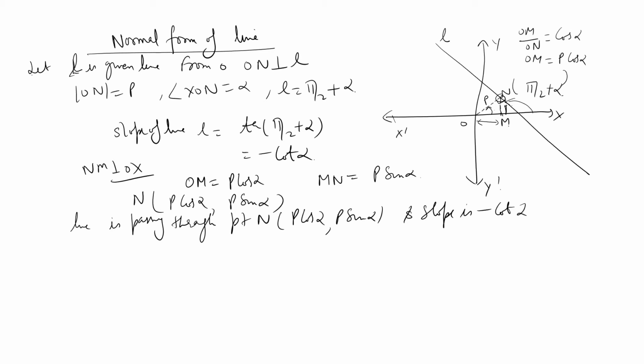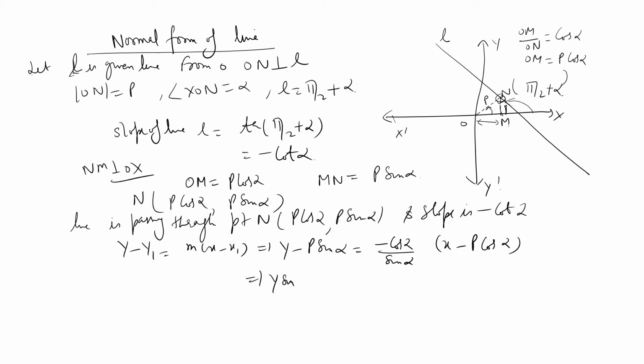So by using the equation y minus y1 equal to m times x minus x1, y minus P sin alpha is minus cos alpha upon sin alpha times x minus P cos alpha. So this implies y sin alpha minus P sin square alpha equals minus x cos alpha plus P cos square alpha.